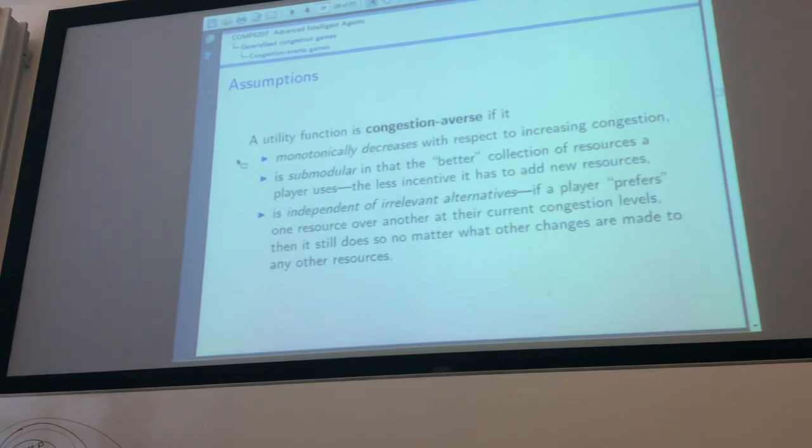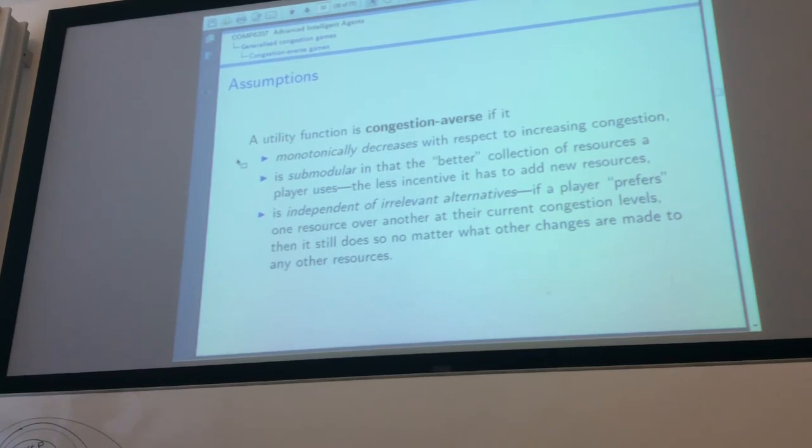So, as I said, it would be difficult to expect good behavior from such a general function, so we will make assumptions, but hopefully still realistic assumptions. The first one is monotonicity. The name is congestion averse, meaning that congestion has a negative impact.